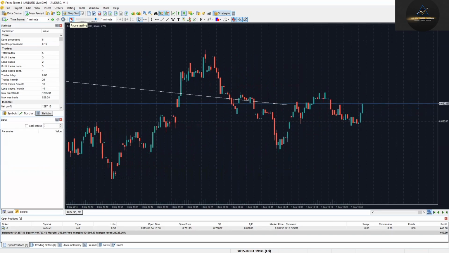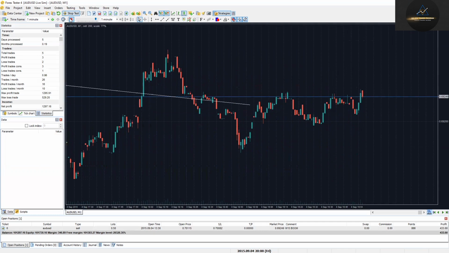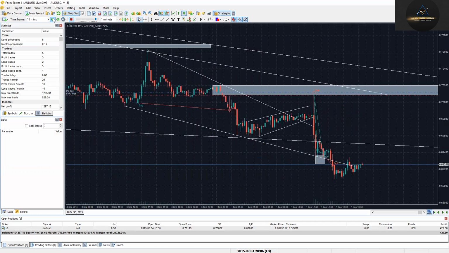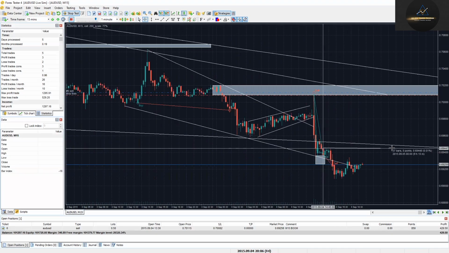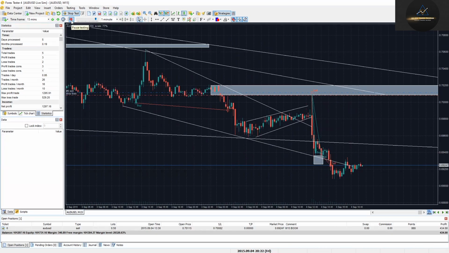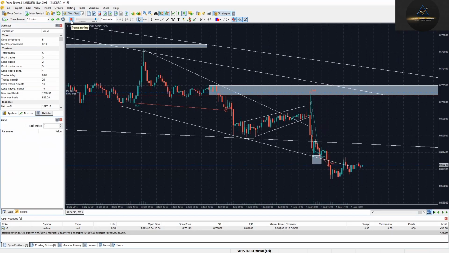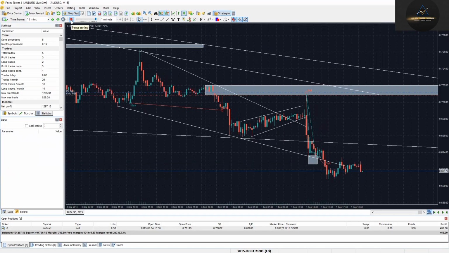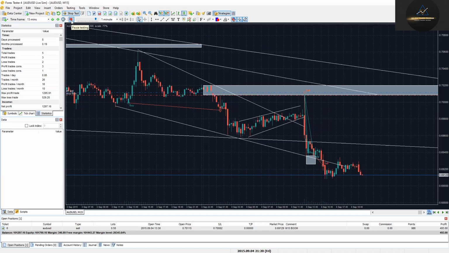Okay, so we still haven't got a break of structure. Break of structure, I want to see this right here. I want to see confirmation. Otherwise, I'm still short.